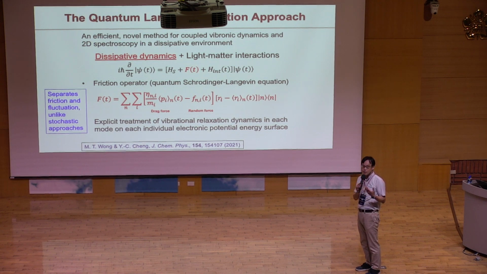Even in Professor Norris' group, they developed very efficient code that can simulate systems with 10 or maybe even 100 sites. That's possible nowadays using HEOM. But still, we want to look for perturbative methods that allow us to gain more physical insight into the dynamics. Right, thanks.